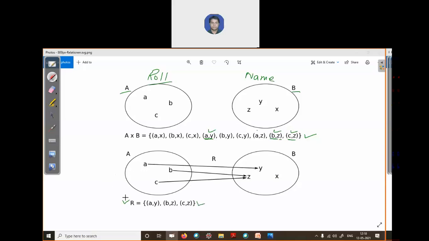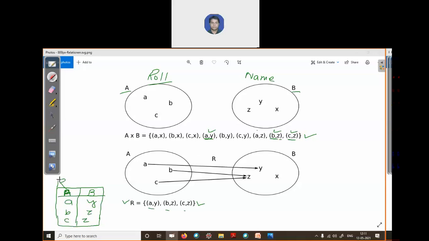In the DBMS, we represent this relation in the form of a table. How can we write it in the relational data model? The name is R, as you can see here, and the first attribute is capital A, and the second is capital B, the names of set A and set B. Here we are taking only three pairs: AY, BZ, and CZ are the three tuples or records we take out of this Cartesian product.